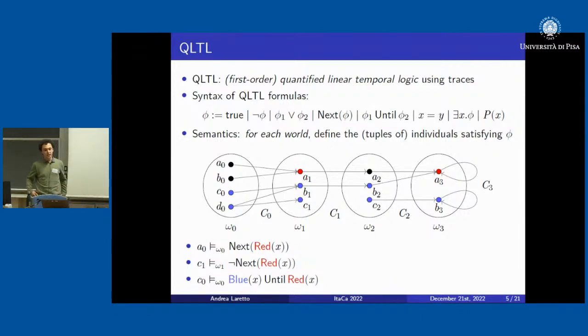And the intuition for the until operator is the following. You start with C0 in the first world, and you have blue until red, right? You start by seeing the first world that you're in, and see whether the first formula is satisfied or not.